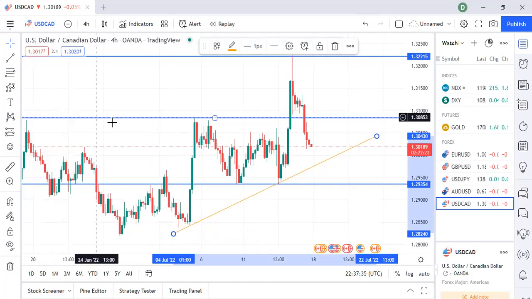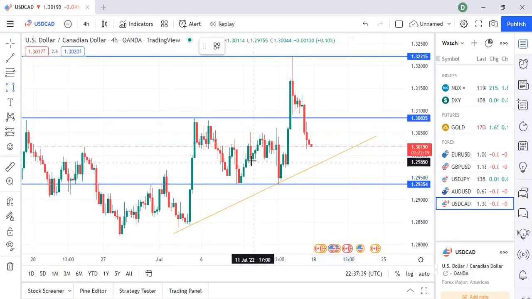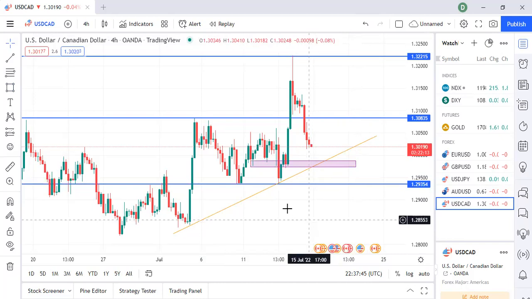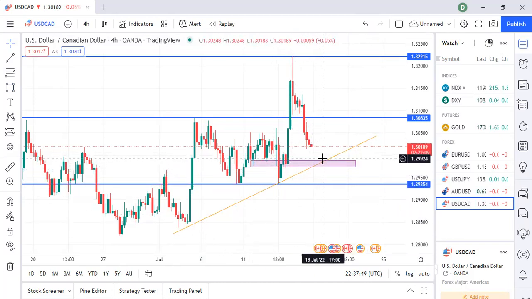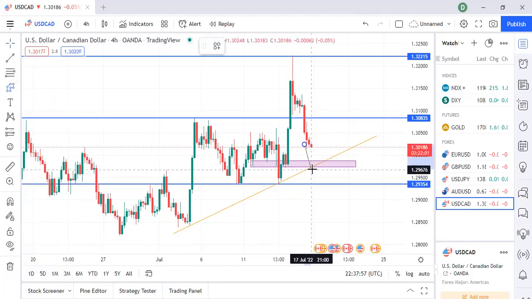I'll be expecting USD CAD to come somewhere here. Based on this flip level, I'll still be expecting price to push down into this area, and then we should see a pushback.